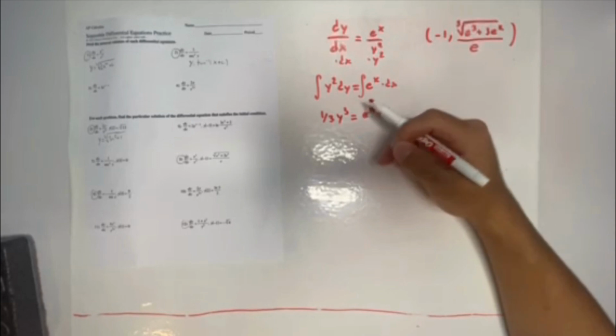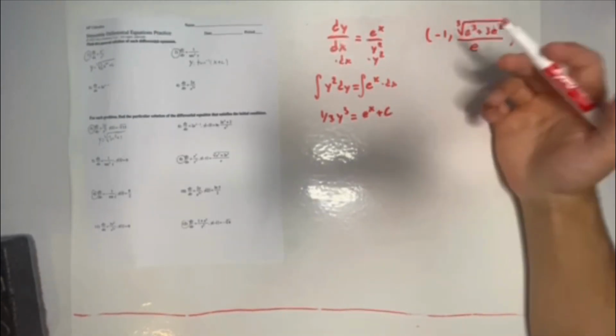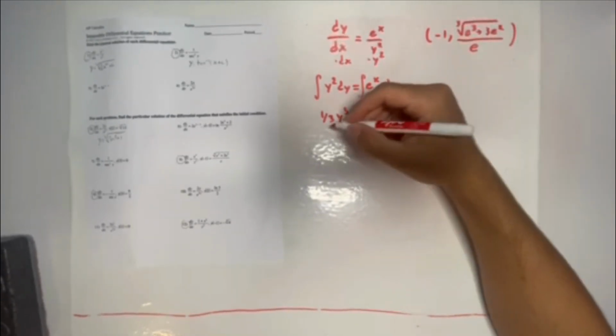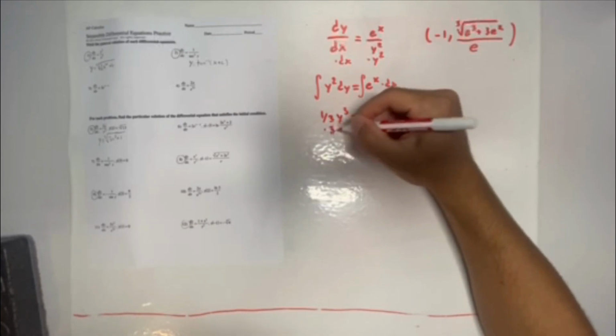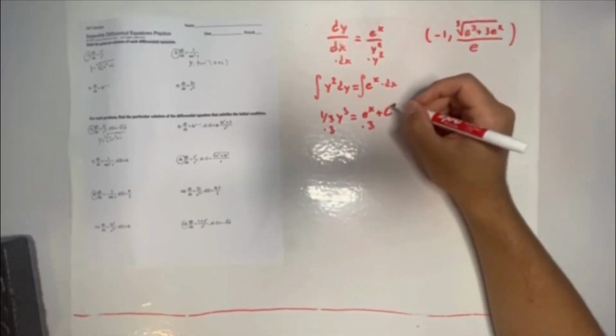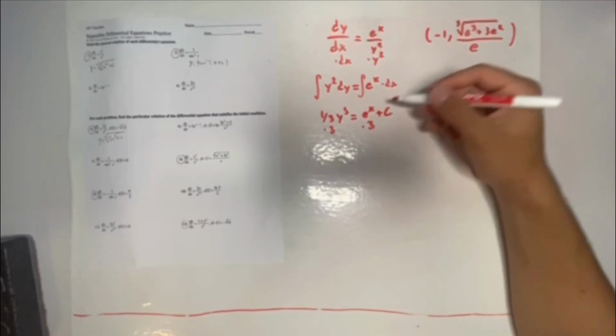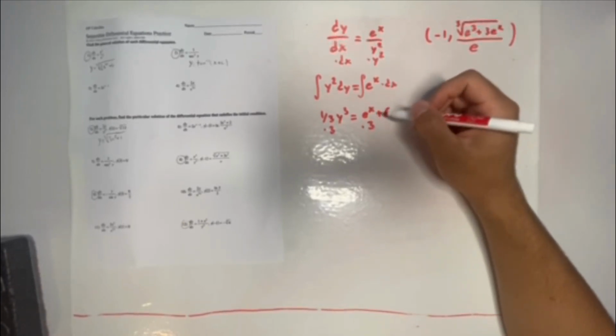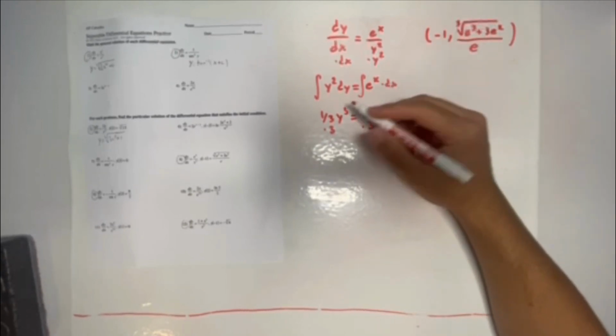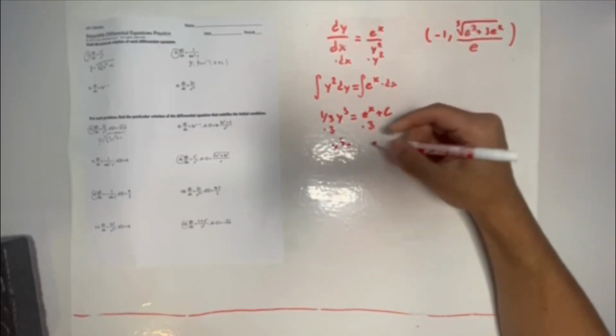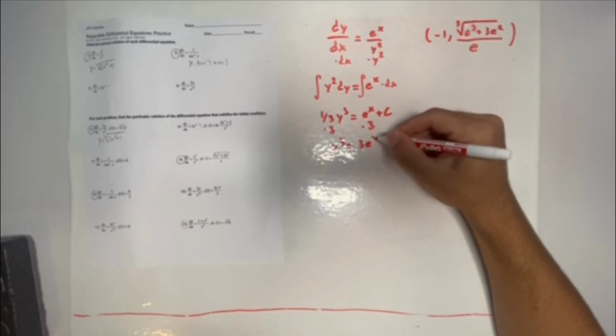And now we know what we have to do after that. We have to solve for y. So we multiply 3 over. Once again, this c is just a constant, it's not a variable. So we do not multiply the c by 3, just the e to the x. We get y cubed equals 3 e to the x.